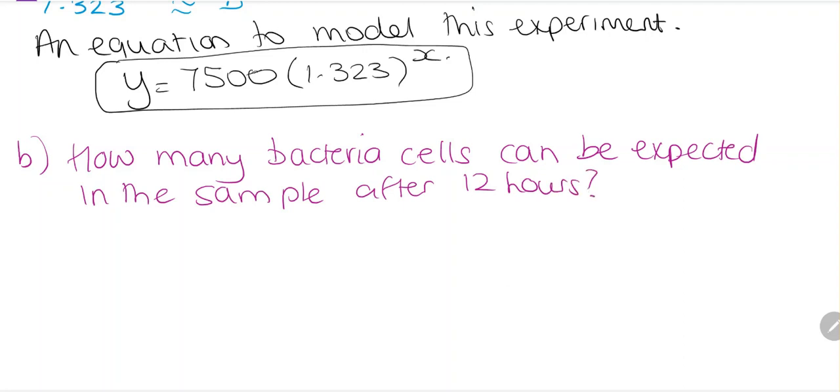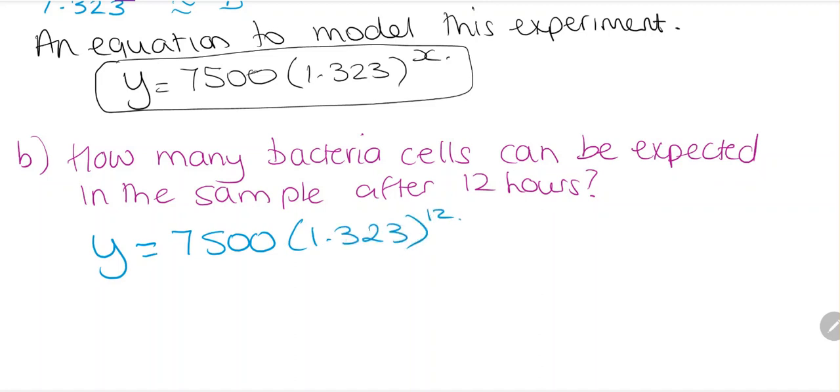So we need to substitute in the values to our equation. So y is equal to 7,500. We have our rate. So 12 hours, this is our value for x.